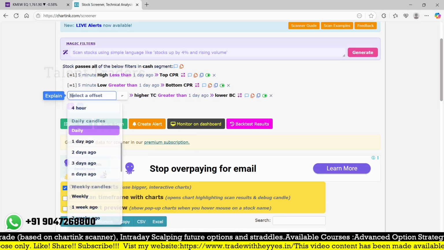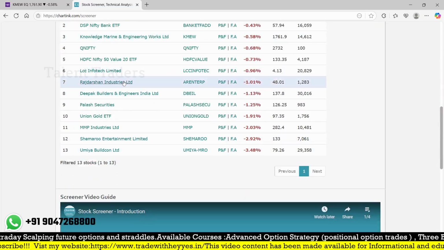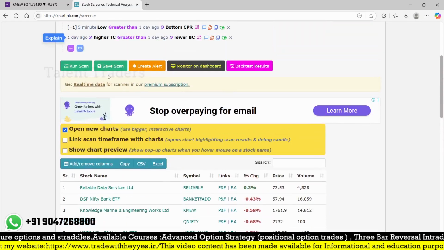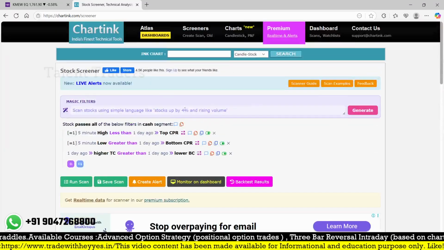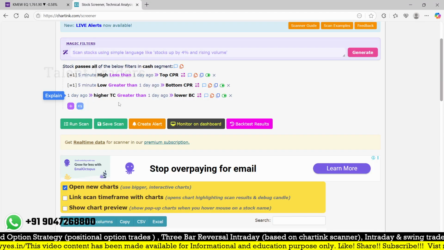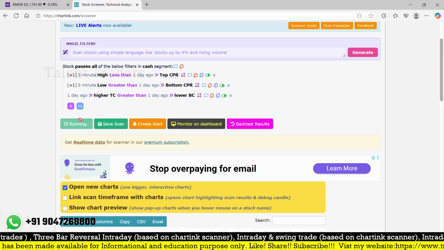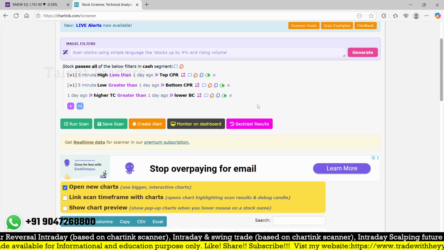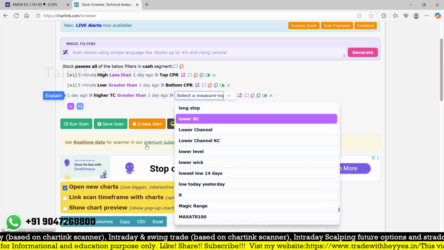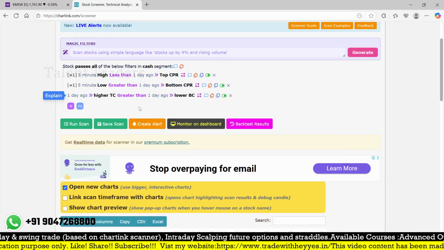This will fetch you only the stocks where the TC is higher compared to the BC. So if you look at the normal condition, 13 stocks, and if I run this with higher TC greater than the lower BC. Just a moment.